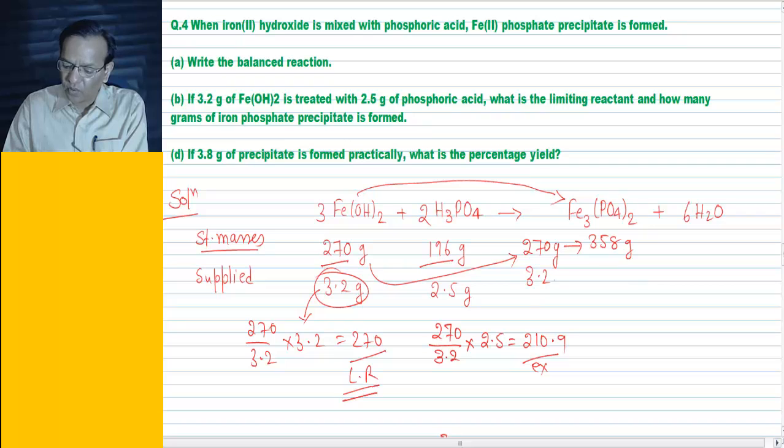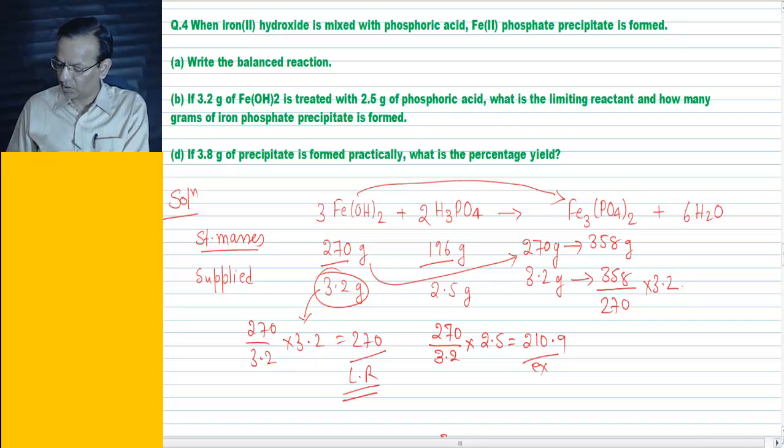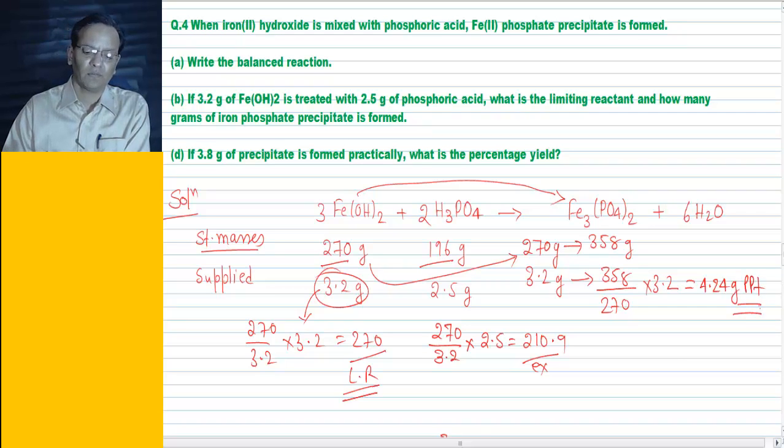So from 3.2 gram it will be 358 divided by 270 into 3.2, so it will be 4.24. So 4.24 gram precipitate will be formed.